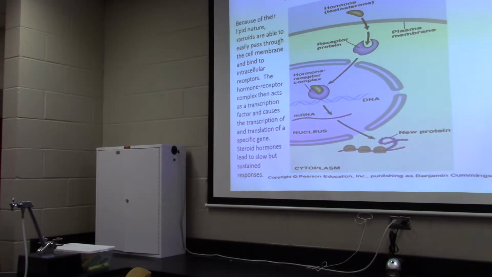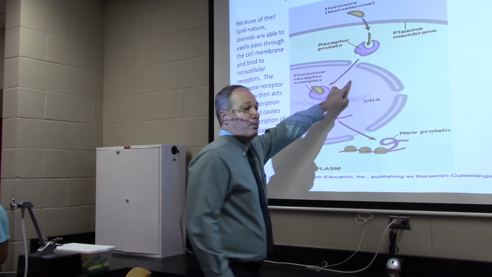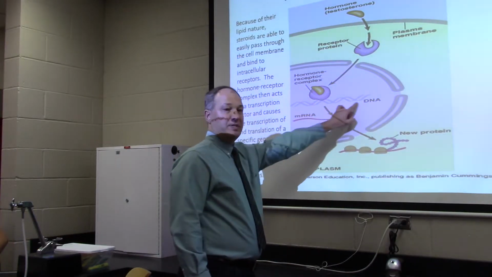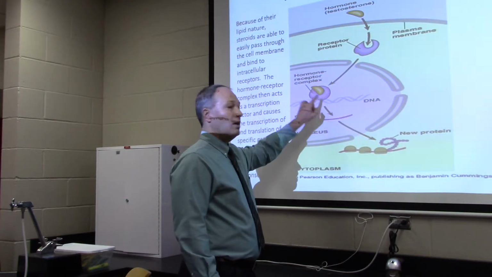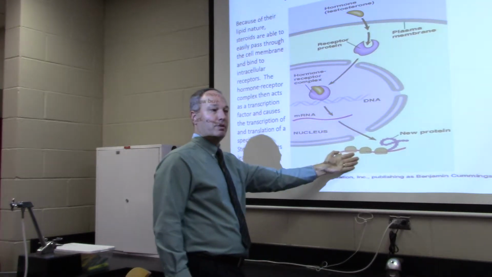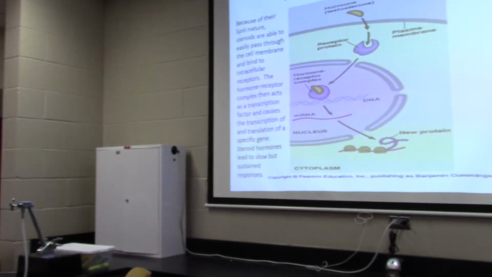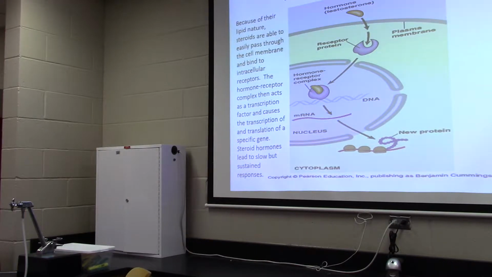They bind to a receptor on the inside of that membrane. We see that right here. They then go through the nuclear envelope. They bind to a specific gene, activate that gene, cause it to be transcribed and translated into a protein. And they tend to cause slower but more sustained responses than ligands that bind to extracellular receptors.